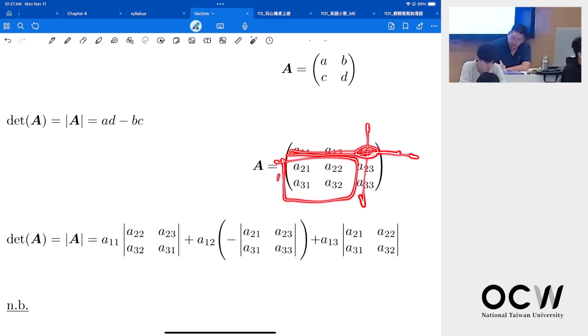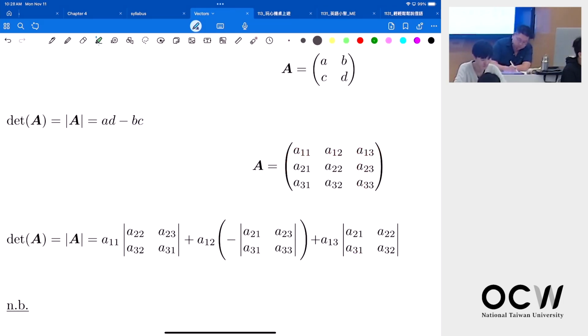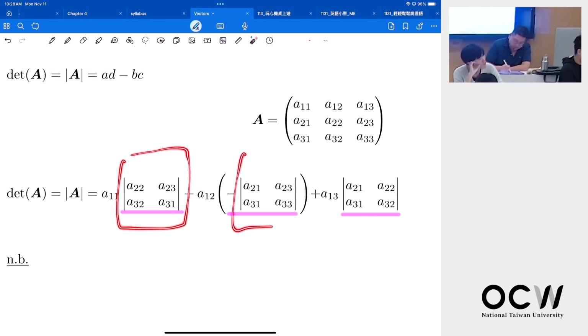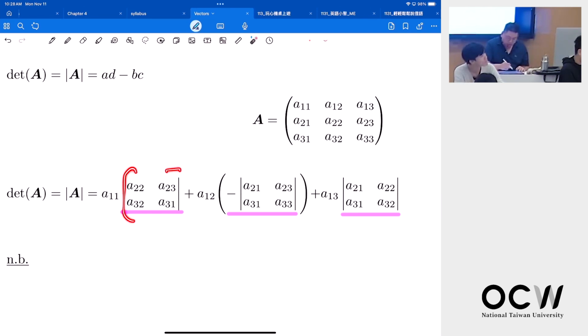Then the rest will be in your determinant. Okay? Then what is this determinant? Or this matrix, and then we take the determinant.